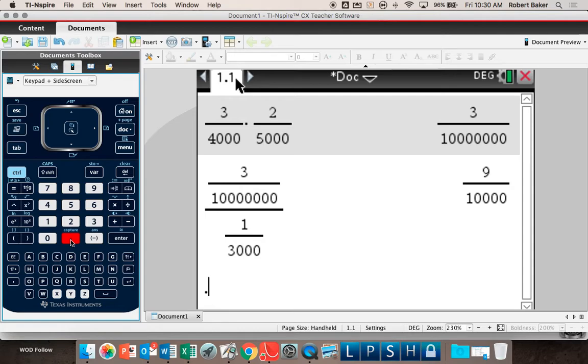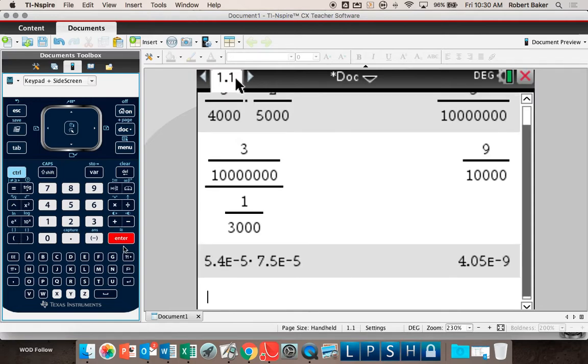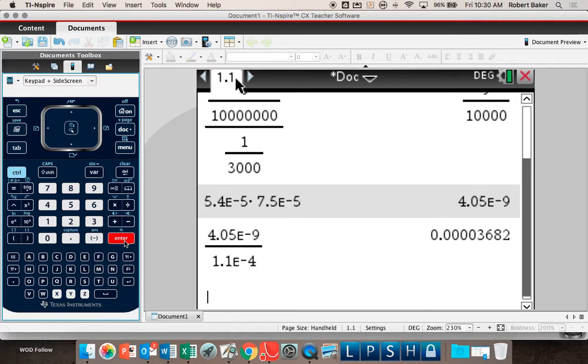Which one are we on? Point zero zero zero zero 54 times 0.000075, divided by 0.123110. Did I shoot it up?